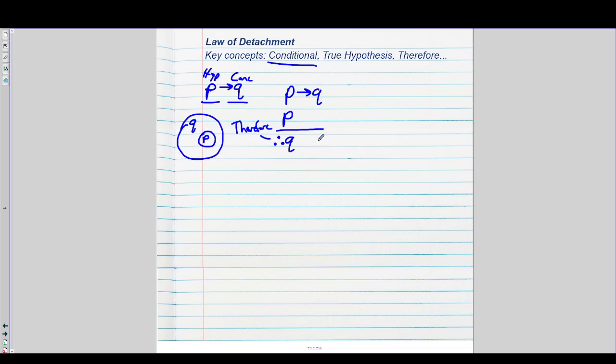So this hopefully seems pretty obvious, and in this version of logic, we're not questioning these. So these are given, and we accept them as being true. So we're not questioning whether this conditional is true or whether P is true. If it's given information, they are true, and we're just able to conclude that Q is also true.